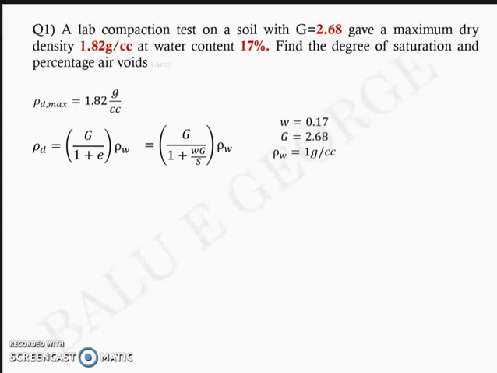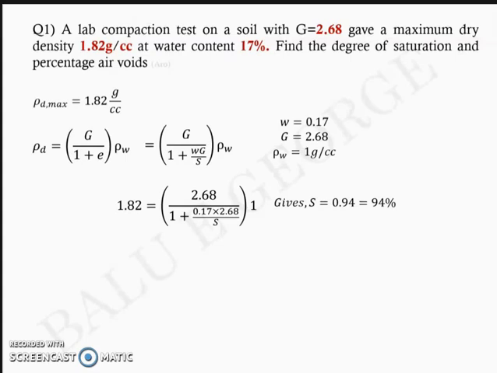So water content is 0.17, which is nothing but 17% given in the question. Specific gravity is already given, 2.68, and rho w, we all know the value of it as 1 gram per cc, right? So once you substitute that, the only unknown in that equation turns out to be S, which is the degree of saturation.